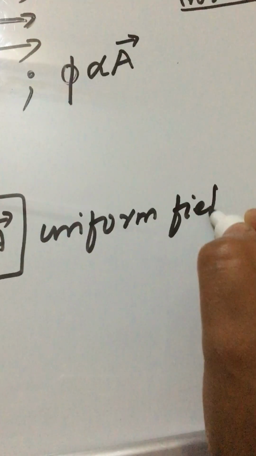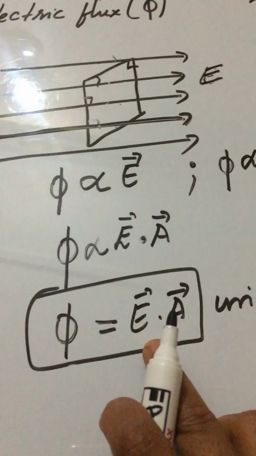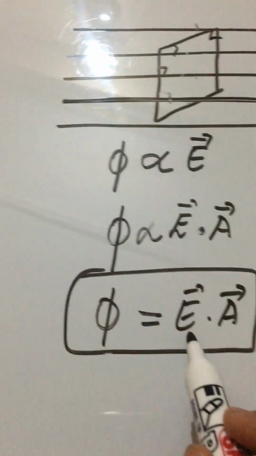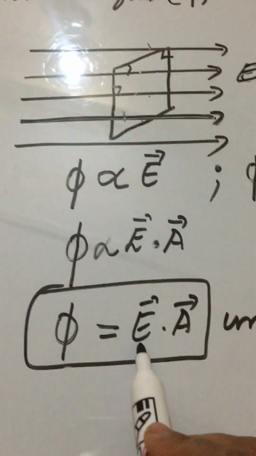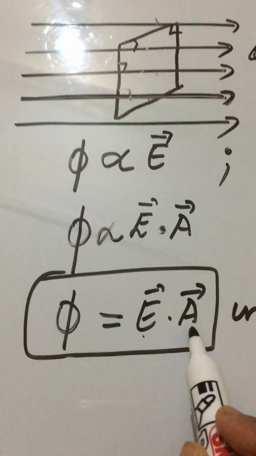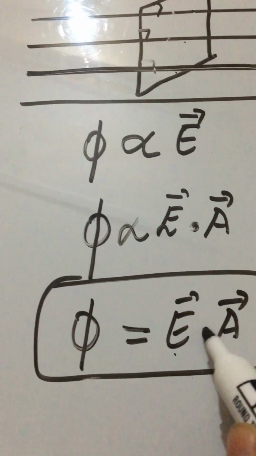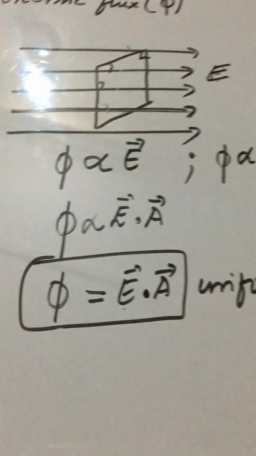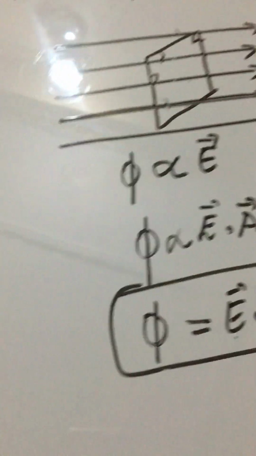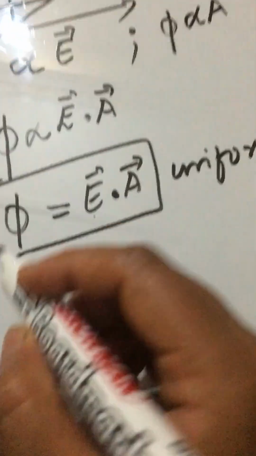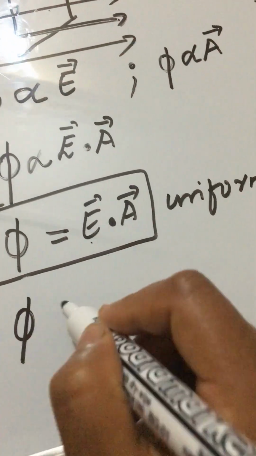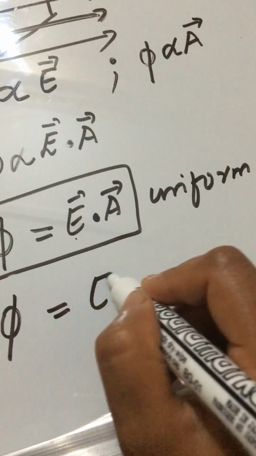So what is flux? Flux is the totality of electric field passing through that area normally. Another thing: when it is a dot product, what will come?